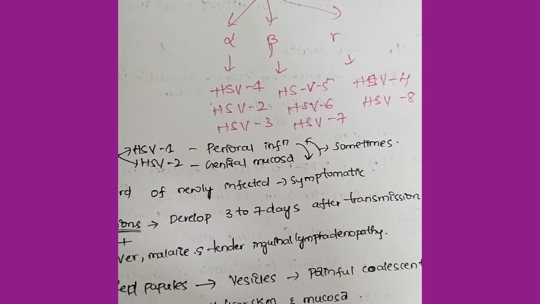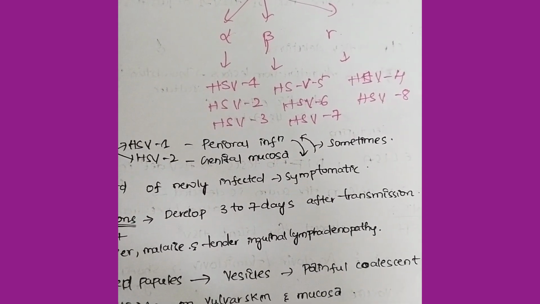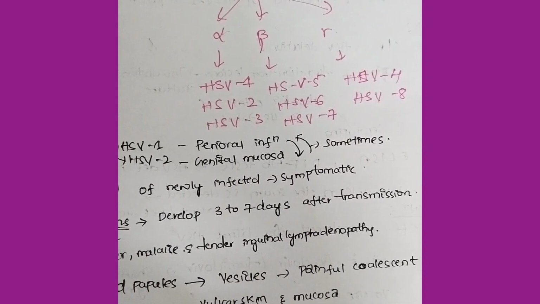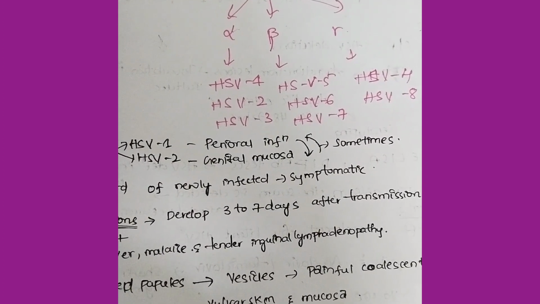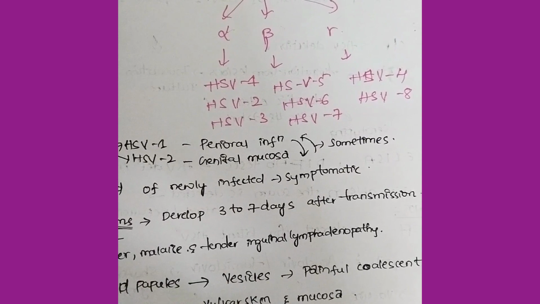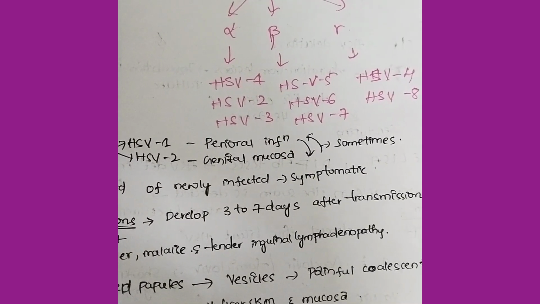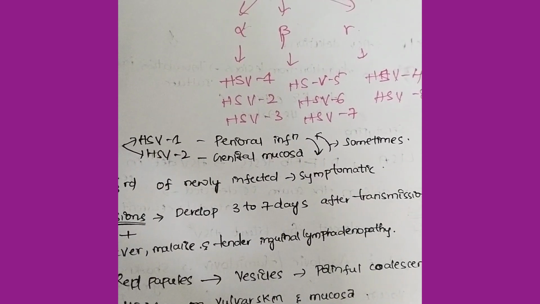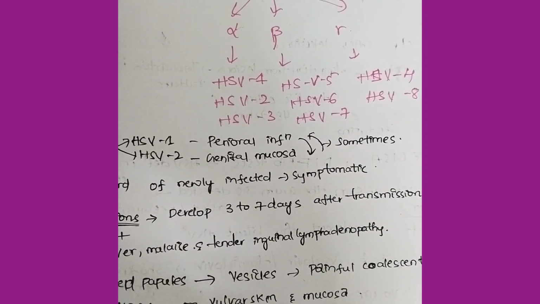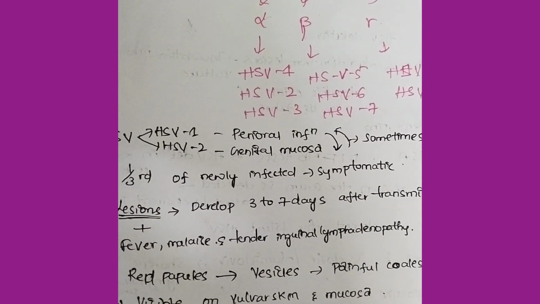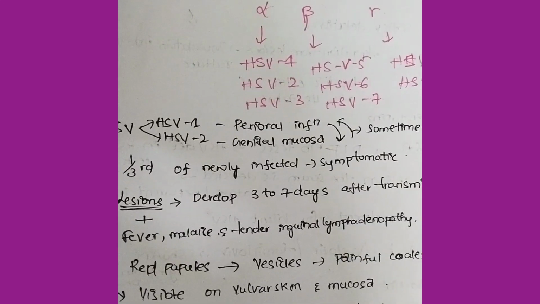HSV 1 majorly contributes to perioral infection, whereas HSV 2 causes genital mucosal infection, though sometimes this is altered. Sometimes HSV 1 may be detected in the genital mucosa, and HSV 2 in perioral infections.